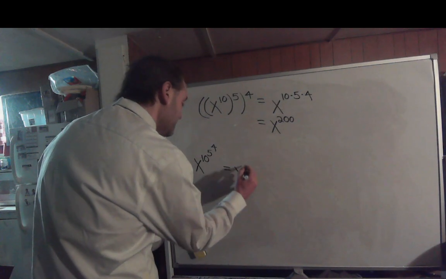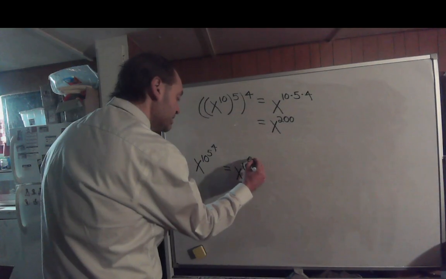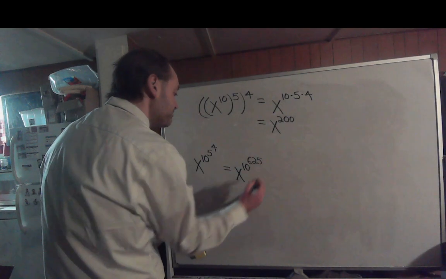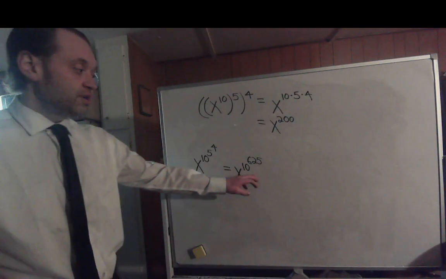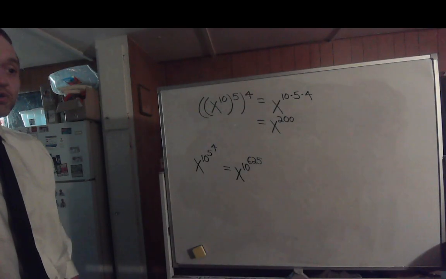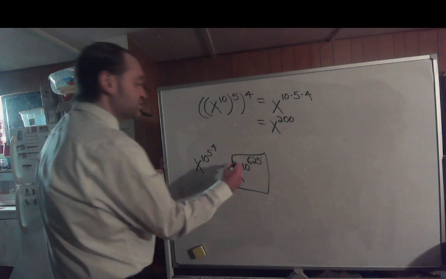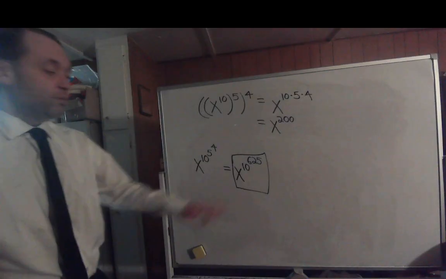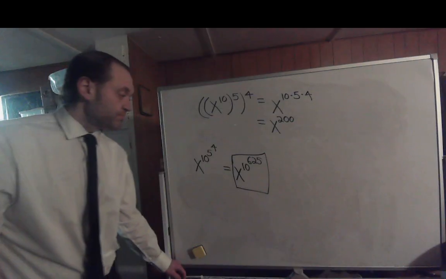So you'd end up getting x to the 10th raised to the 625th. And I guarantee you, if I try to put in 10 to the 625th power, it's going to do a calculator error. So that's the best we could do for the power tower. It would say value too large in the calculator.